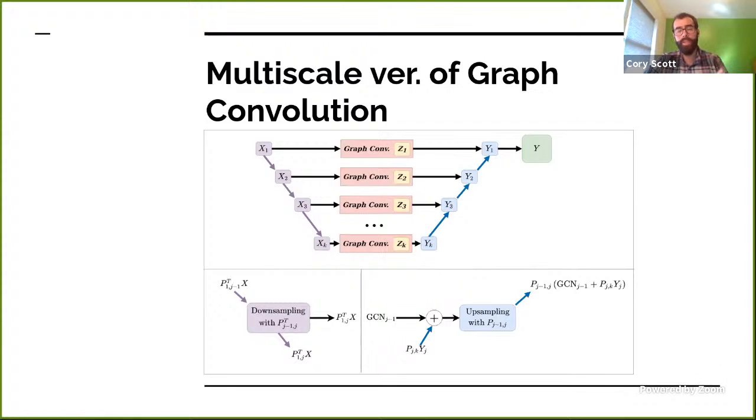Each of those inputs, which are at different spatial scales, gets fed into its own graph convolutional network. When we get a set of outputs, we upsample all of them using the transpose of the same downsampling operator. Once we have all of the upsampled outputs, we just add them together, and that's the final output of the network.